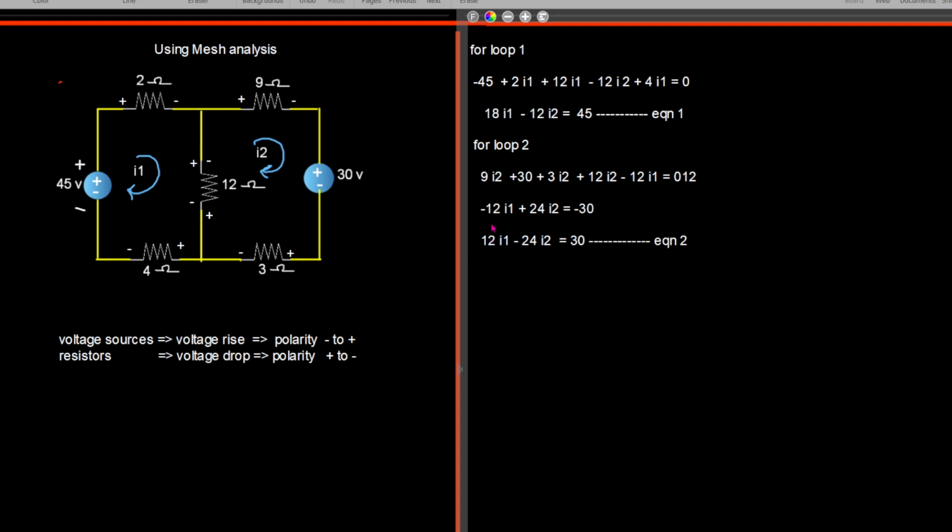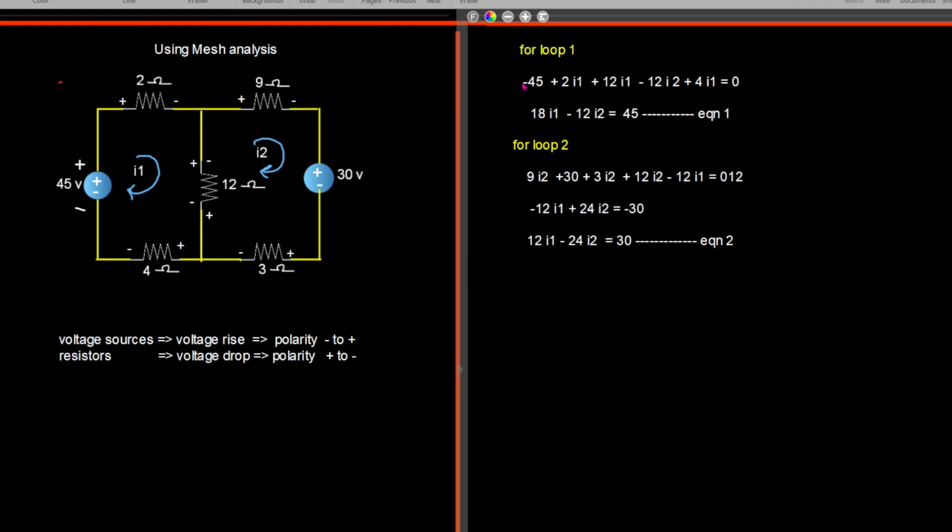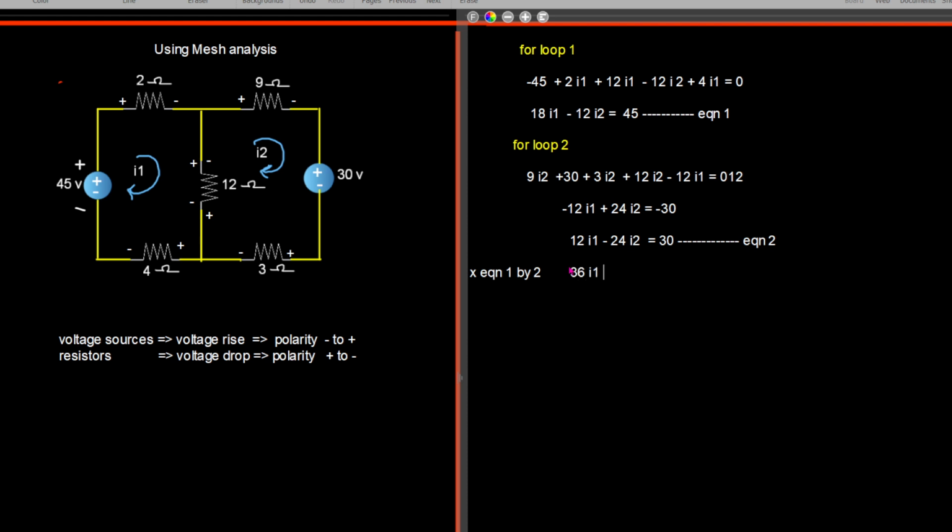So using the elimination method, we try to solve the first equation and the second equation. Multiply equation 1 by 2, we get 36 I1 minus 24 I2, that is equal to 90. You can take this as equation 3.